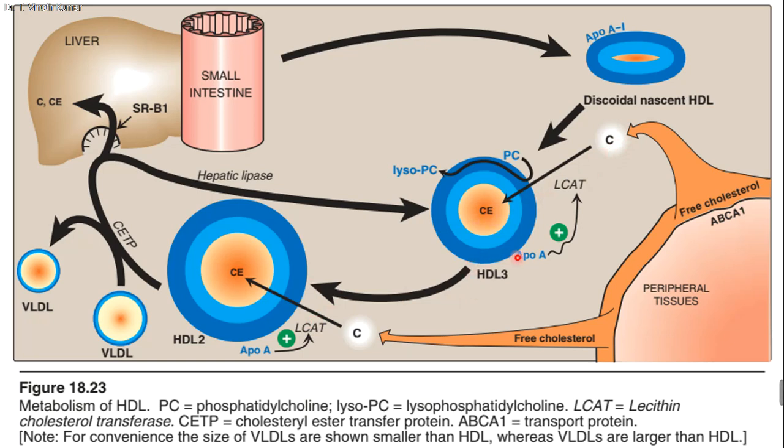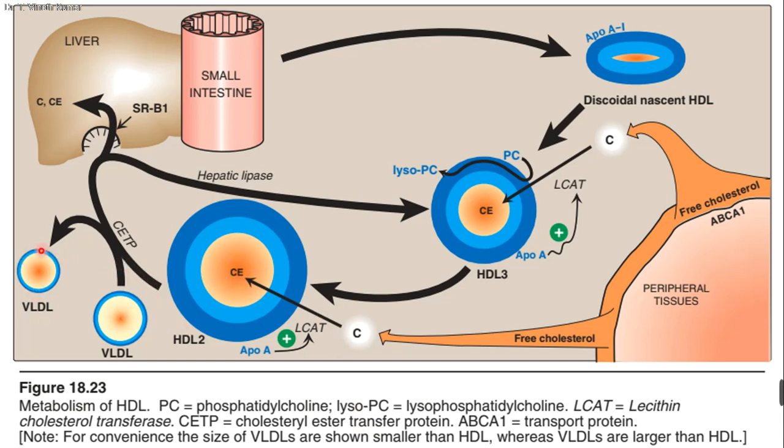Now HDL3 is formed and HDL2 is also formed. You can see the size of the cholesterol ester is increased, due to the uptake of cholesterol esters from cholesterol. More amounts of cholesterol are taken up. Now the HDL2 reacts with CETP, the cholesterol ester transfer protein. The composition of cholesterol esters is very low in VLDL, and VLDL will react with HDL and take away the cholesterol esters.